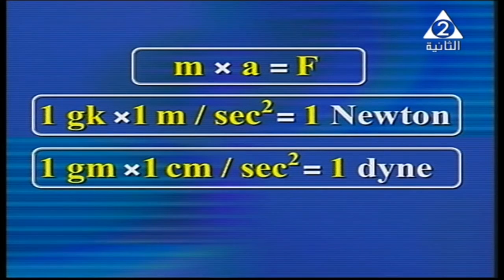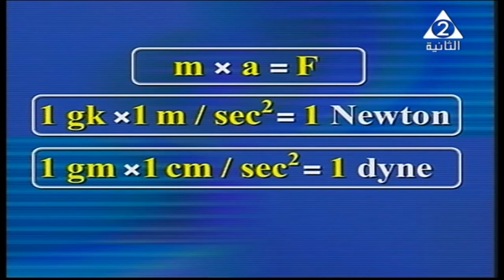We have two units of force, Newton and dyne. We have two units of mass, 1 kilogram or 1 gram. Also, we have units of acceleration, 1 meter per second square, 1 centimeter per second square.